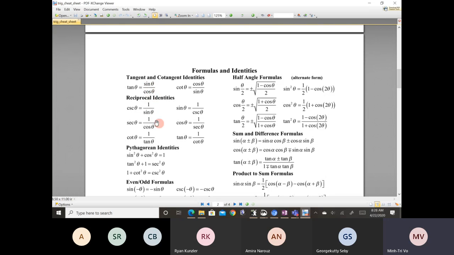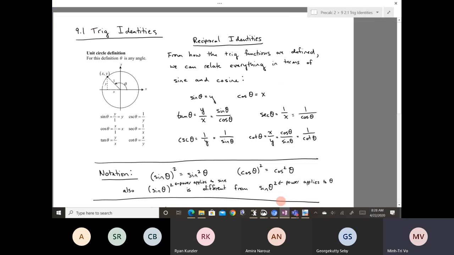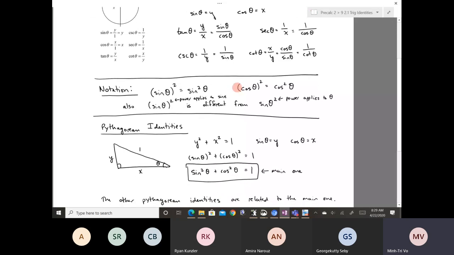If you see cosecant, secant, and cotangent, typically you want to use these identities to write them in terms of sine, cosine, and tangent, and then tangent can again be written in terms of sine and cosine. So the usage of these identities is typically to reduce everything to being written in terms of sine and cosine. Okay, so those are the basic trig identities.